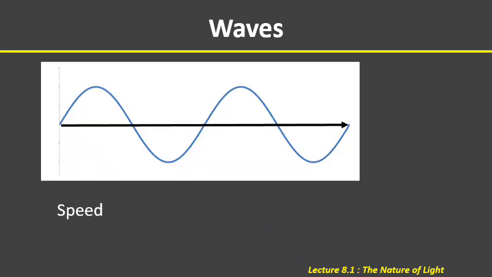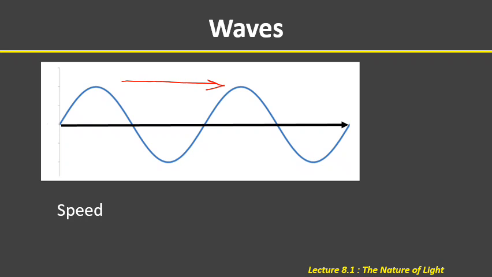All right, so the first thing with waves is speed. Waves have motion, they move through some kind of a medium, and if they move, they're going to have a specific speed.